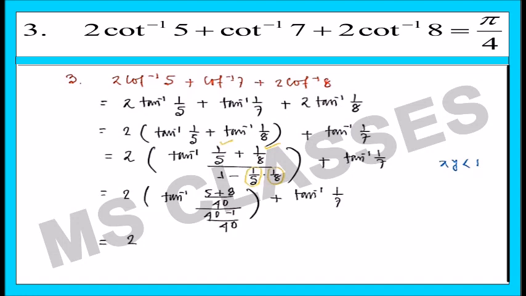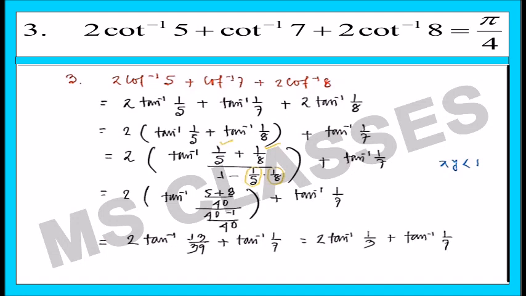Now this is reducing to 2 tan inverse of 13 by 39 plus tan inverse of 1 by 7. 13 by 39 means what? 1 by 3. So it's 2 tan inverse of 1 by 3 plus tan inverse of 1 by 7.